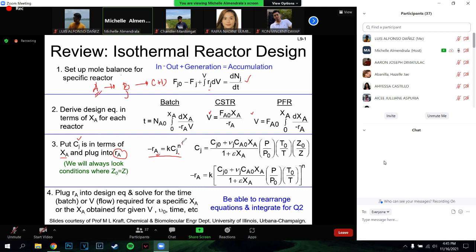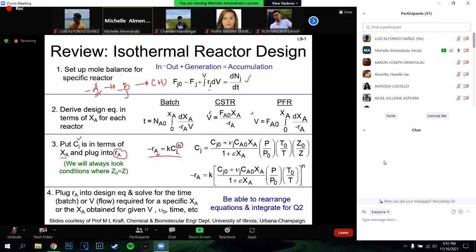Raised to some power n, wherein in this case, we're not talking of an elementary reaction. We're going to define non-elementary reactions next meeting, wherein the rate law is not dependent on the power, which is the coefficient of the reactants A and B. So this rate could be a non-elementary reaction.